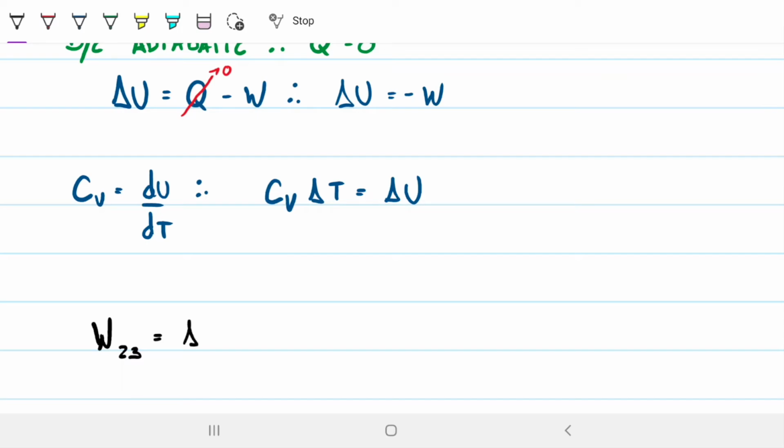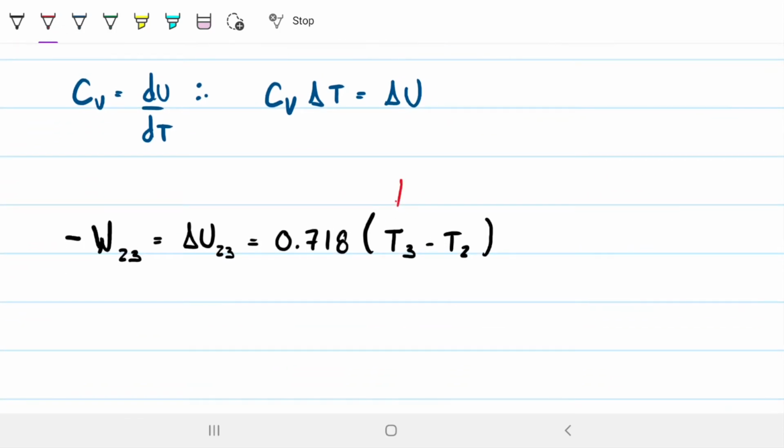Work from 2 to 3 will just be equal to how delta U is changing from 2 to 3, because it's adiabatic and heat is 0. So we can just put C_V, which for air is about 0.718, times the difference in temperature. So what is T3 minus T2? Oh, there's the negative, right? Keep the negative on, so there's no dramas.